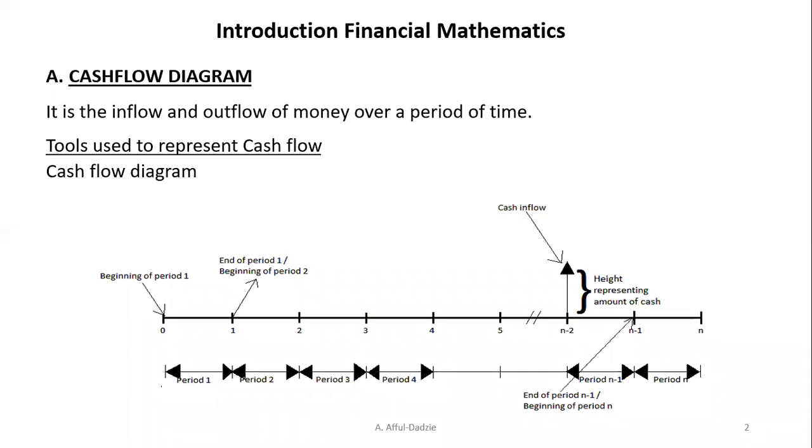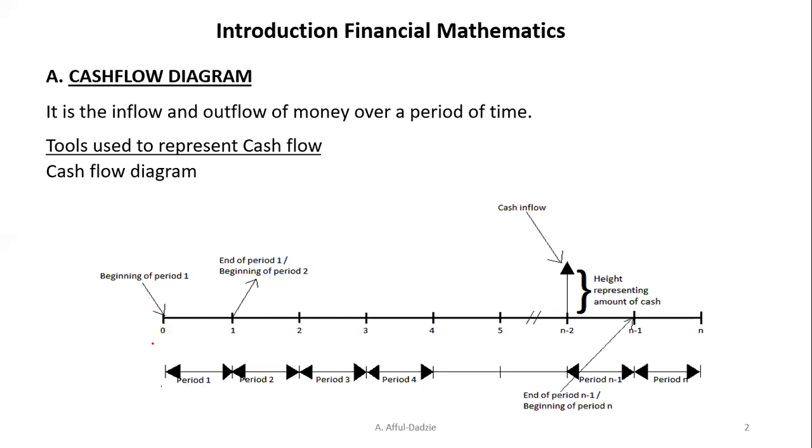Now, what you find here, in our days in primary school, we called it the number line. Today, we are referring to it as the time value of money line. On it, the various points you find are different time stamps or different time periods. We always start from period 0.